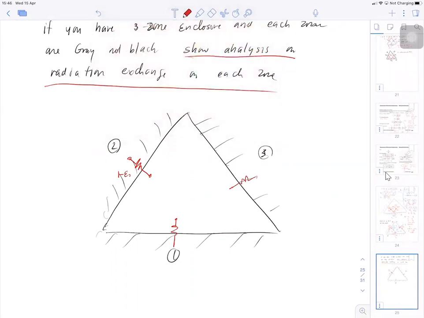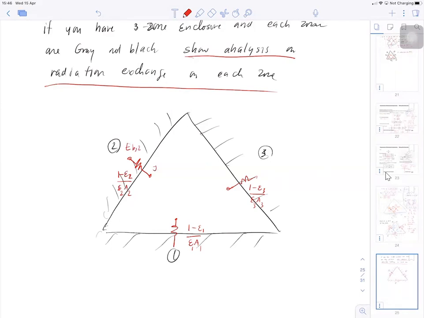And internal resistance is (1 minus epsilon) over epsilon A, but because it belongs to surface 2, you put subscript 2. Internal resistance is (1 minus epsilon) over epsilon A, but this belongs to surface 1, so you put 1 there. And internal resistance for surface 3, (1 minus epsilon) over epsilon A, but it belongs to surface 3, you put the subscript 3. Okay? And this is going to be the resistance in between EB2 and J.